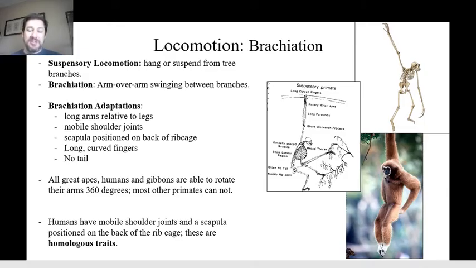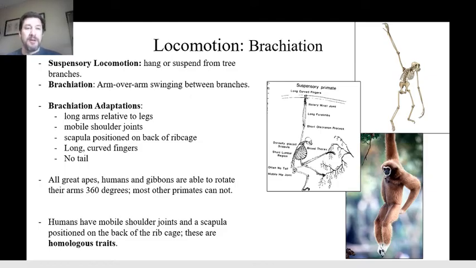And brachiation then is the swinging from tree branch to tree branch, the other behavior that we associate with monkeys. And it's done arm over arm. So usually I would demonstrate this in class. Can't do that here, of course. But you can imagine, if you were on the monkey bars on the playground, that you would swing arm over arm. We do it very poorly. I have a video of us doing it poorly in the playlist compared to a gibbon doing it extremely well.